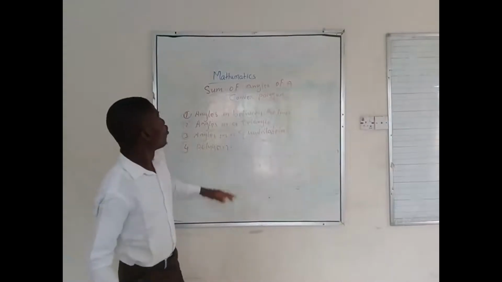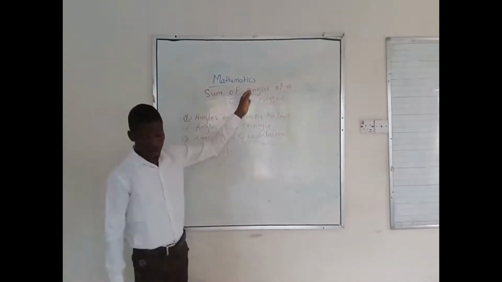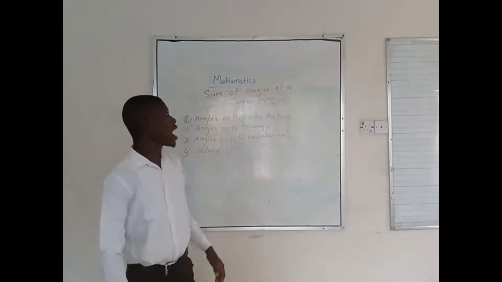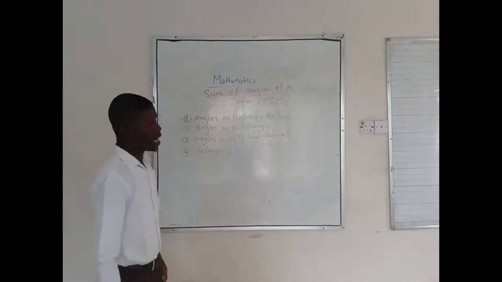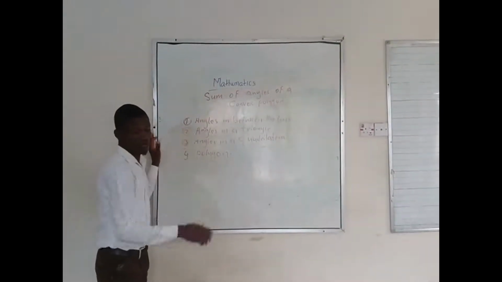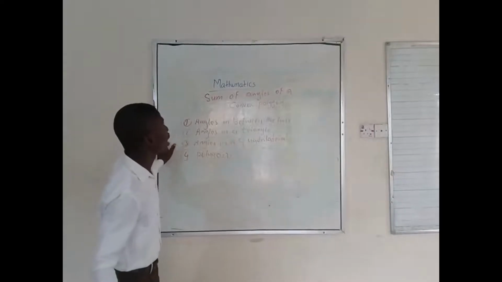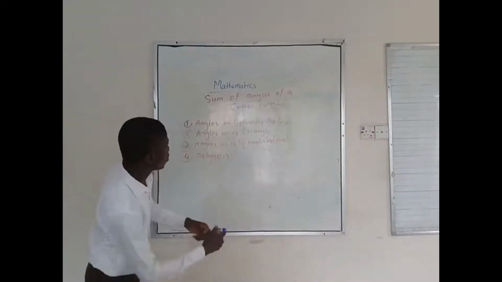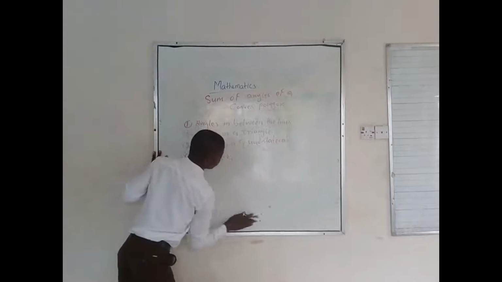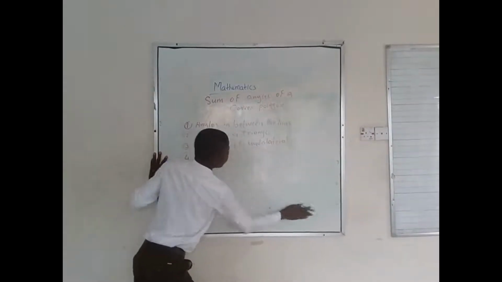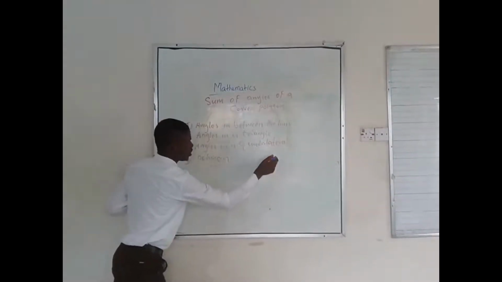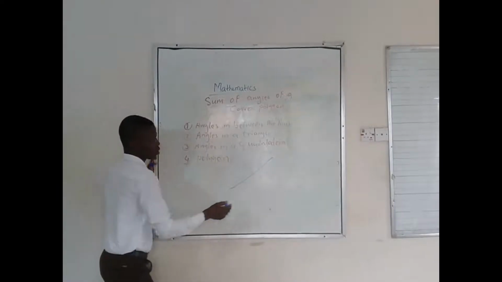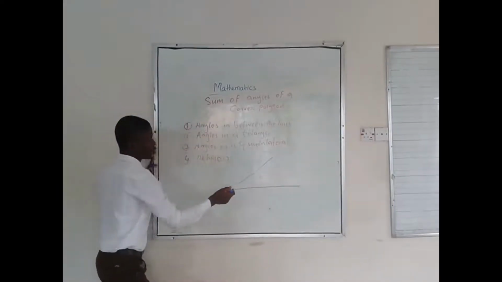permit. We first of all say, what is angle? We say angle is the amount of space between two lines from different directions. Let me say this line comes from this side, and this one comes from this side.